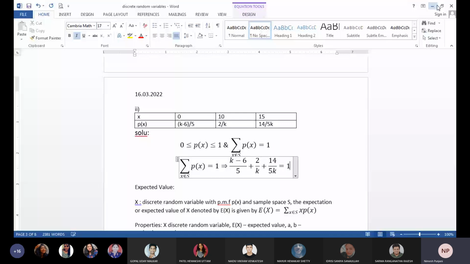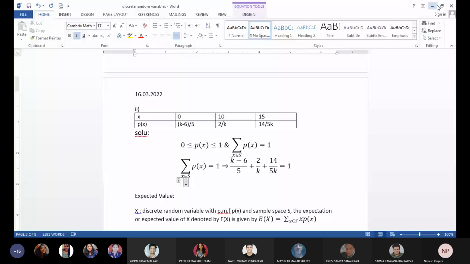Okay, this is what I get. Now we basically have an equation in one variable. We have to solve this and find out the value of k. That is what we are supposed to do here.